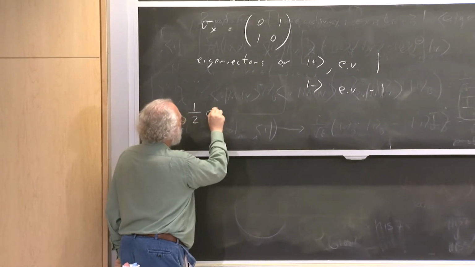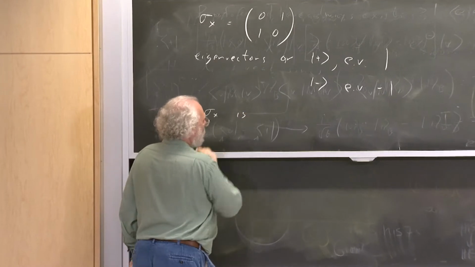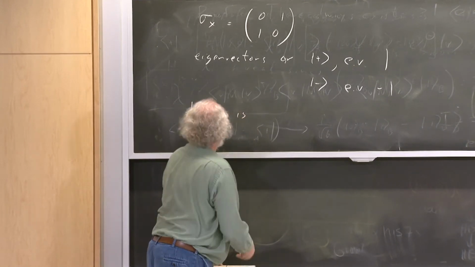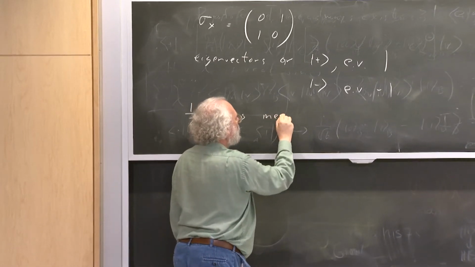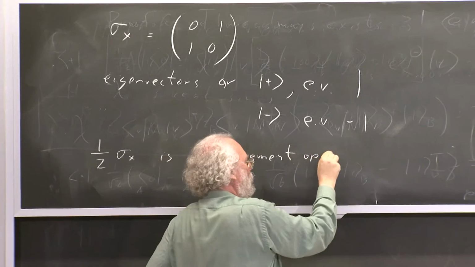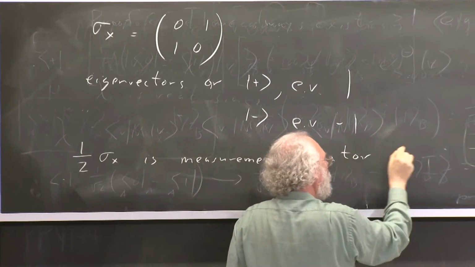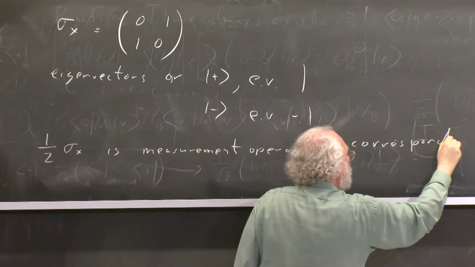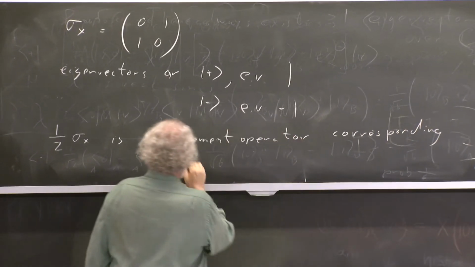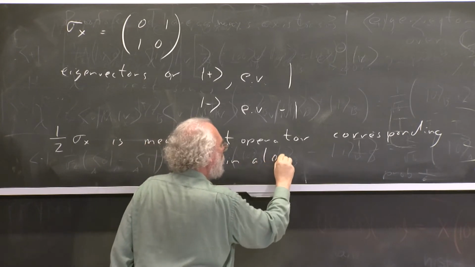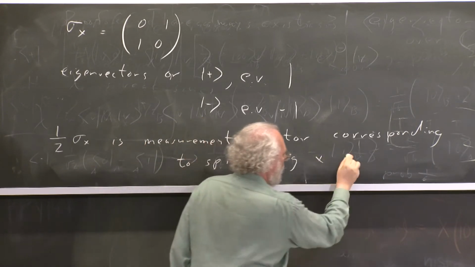And 1/2 sigma x, I'm going to say this is a measurement operator corresponding to spin along the x-axis.